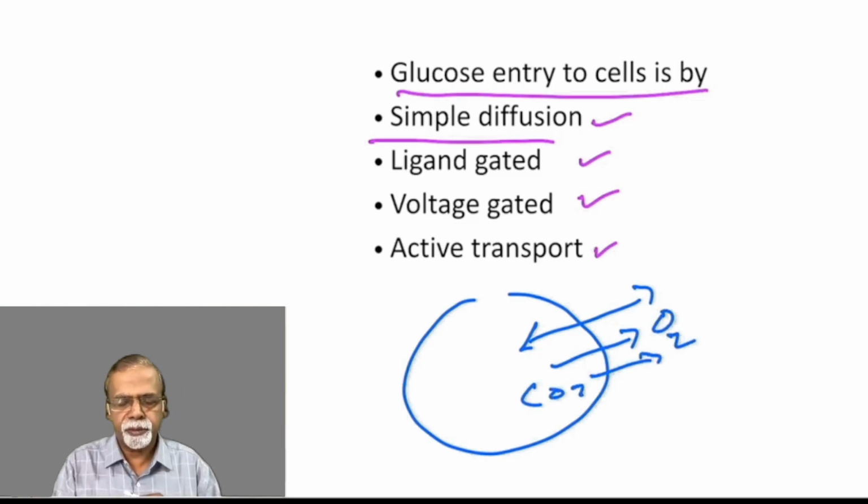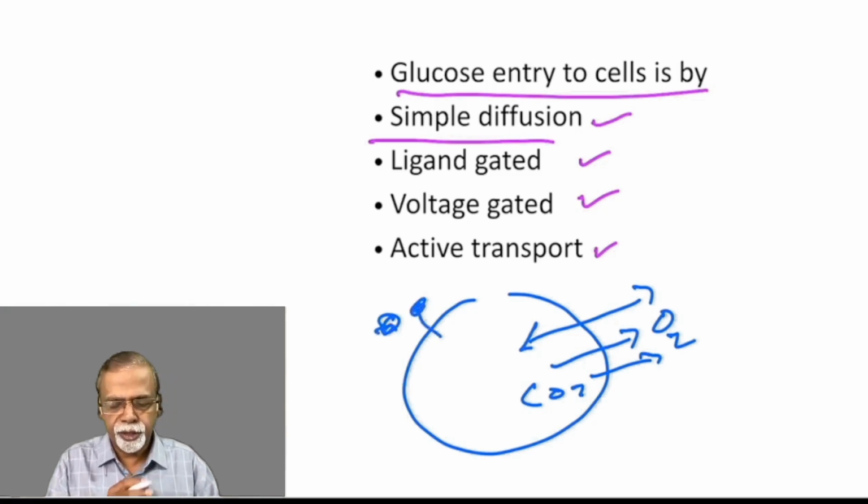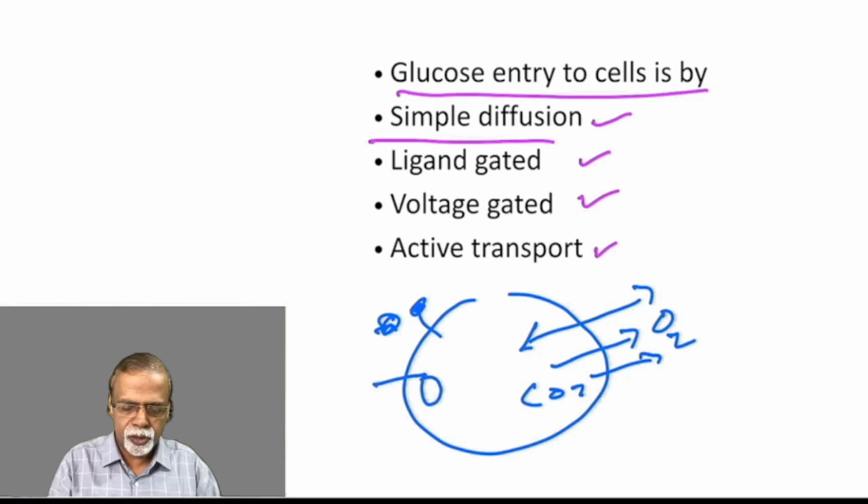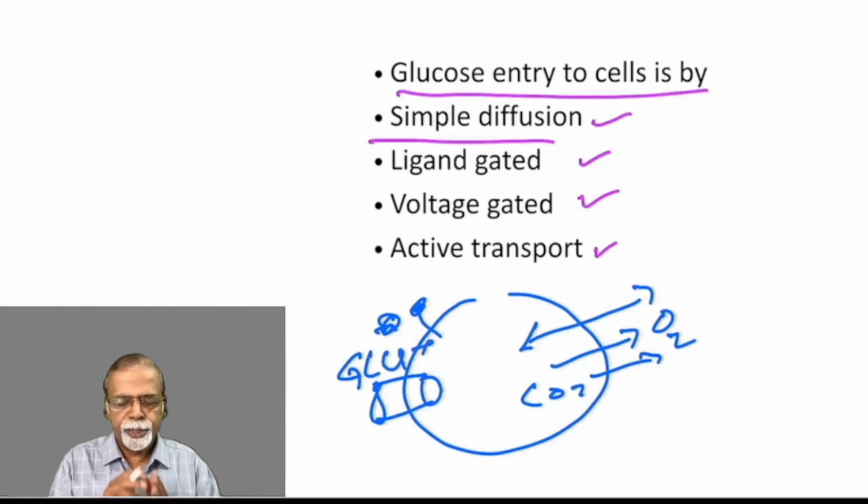Glucose is a large molecule. It cannot pass through the membranes, so it needs facilitation. Facilitation is via channels, a family of proteins called glucose transporters. So this is a facilitation.